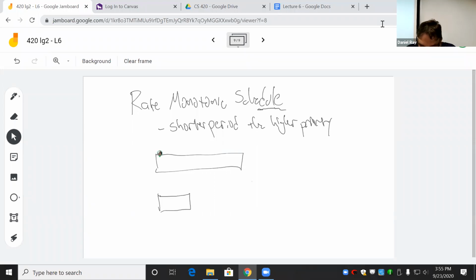And this guy takes this amount of runtime. Which one of these two processes is going to have the highest priority according to the rate monotonic schedule? Which one? Green. Yeah, green. Why does that seem not quite right?